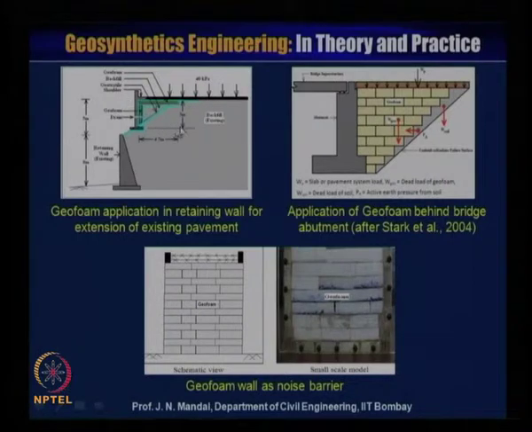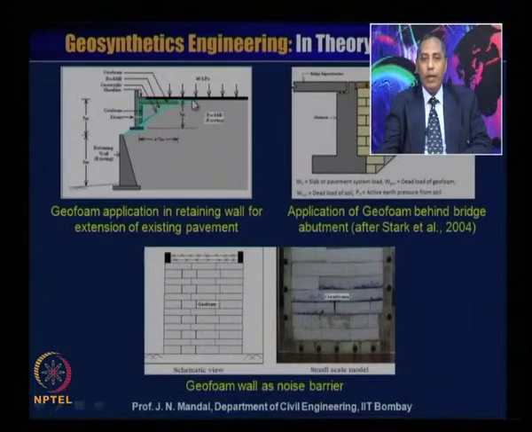Someone can feel that he can go for soil nailing, but you can use this geofoam system and it will be very fast. So with this system you can provide the extension of the existing pavement. You can make use of this road by the inclusion of the geofoam material.